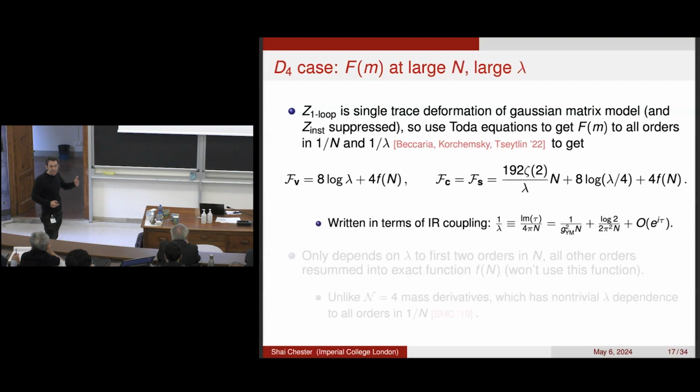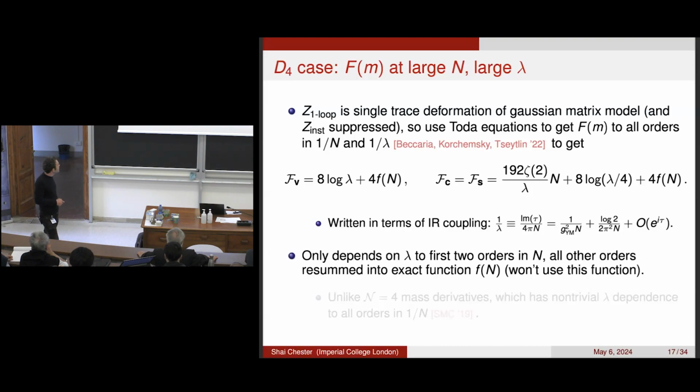So you see that the dependence on lambda is extremely simple. It basically truncates at subleading order. Just to be clear, what I define as lambda is in terms of the IR coupling, so it differs by a shift from the UV lambda. It's very surprising that these mass derivatives have such a simple dependence on lambda.